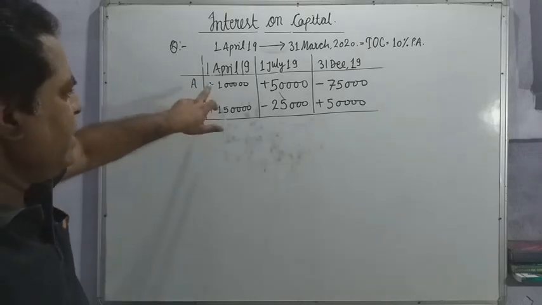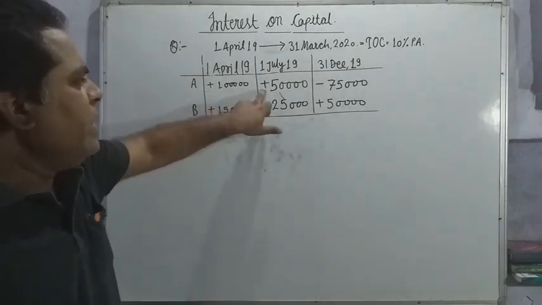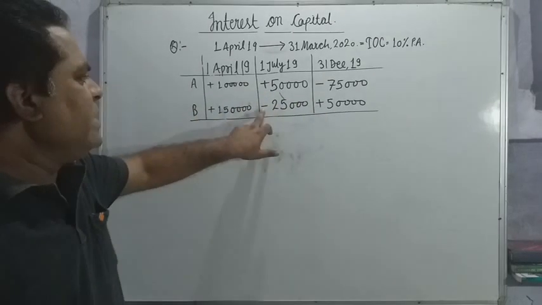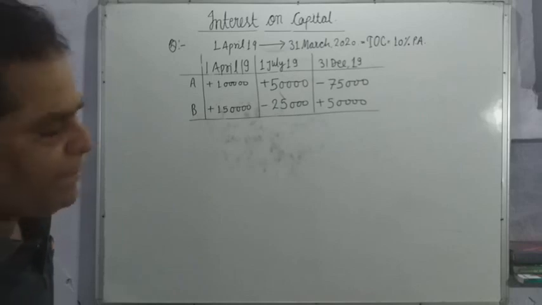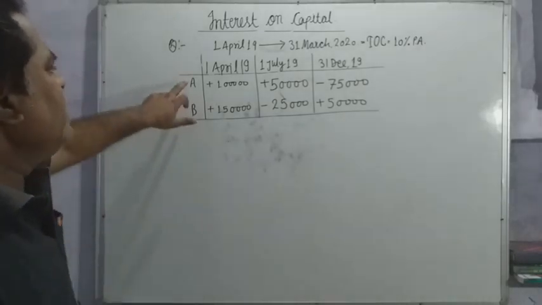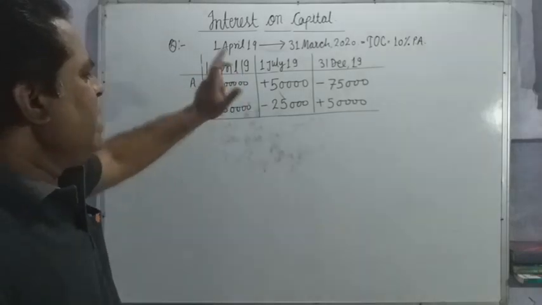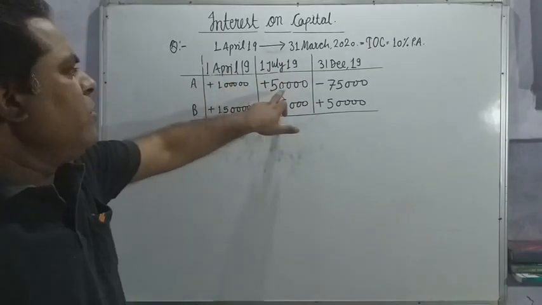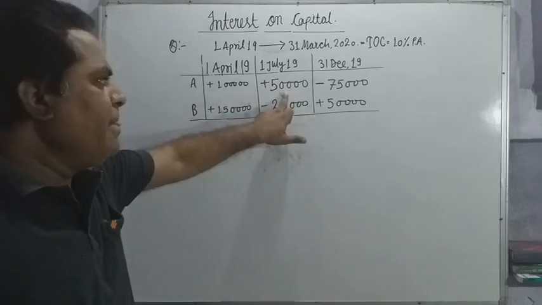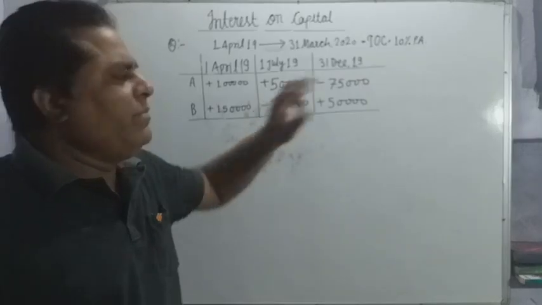Whenever you see a plus sign, it is the symbol of contribution, and whenever you see a minus sign, it is the symbol of reduction in the capital. So A contributes 1 lakh on 1st April 19, then on 1st July 2019 contributes 50,000 more, and on 31st December 2019 withdraws 75,000.